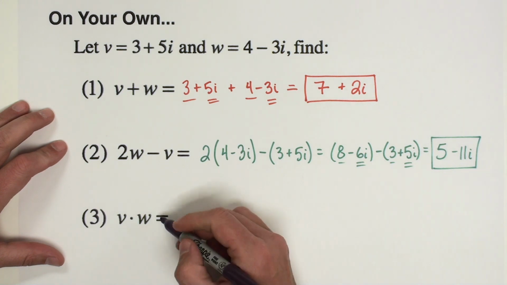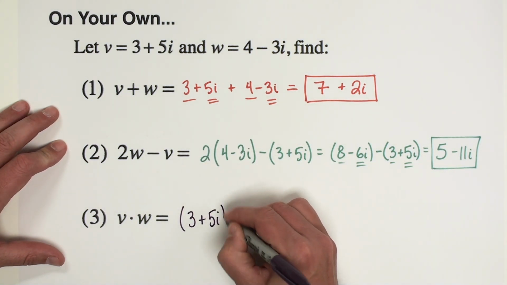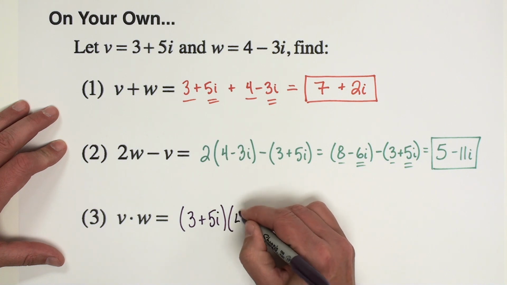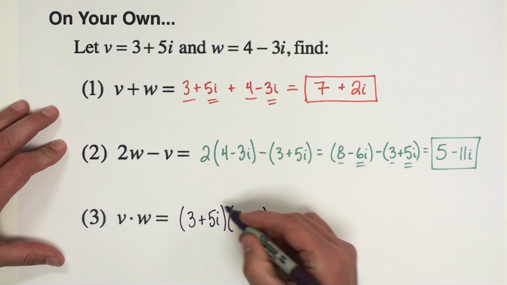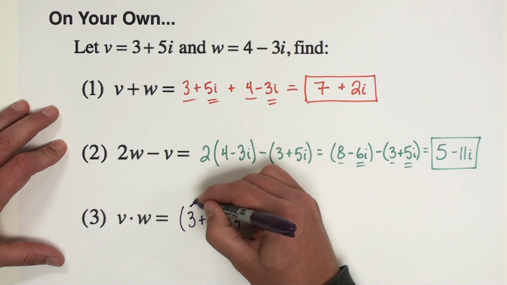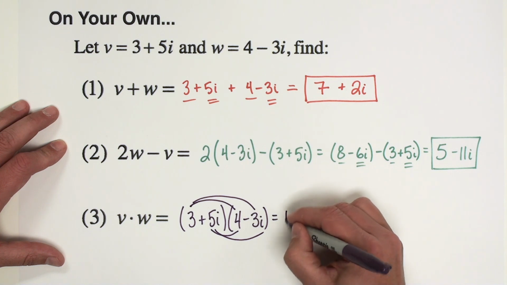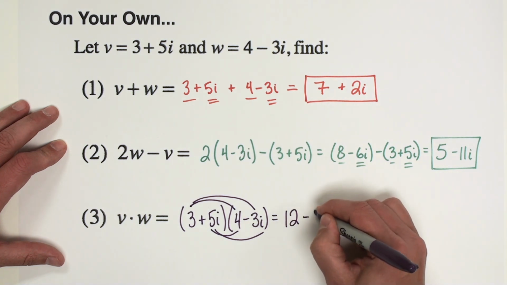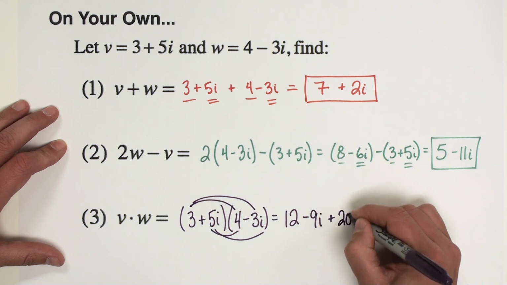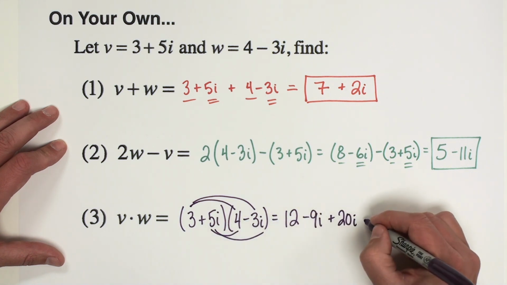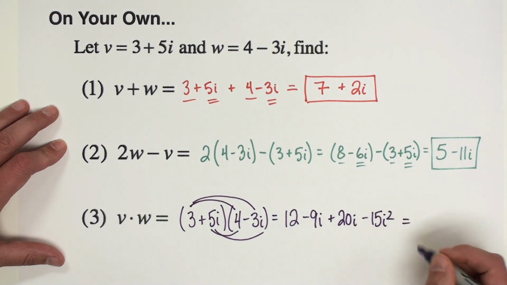Final problem, we have v times w. So we have 3 plus 5i, and multiply that by 4 minus 3i. So I'm going to go through my FOIL steps, all 4 of these. So I've got 12 minus 9i plus 20i minus 15i squared.